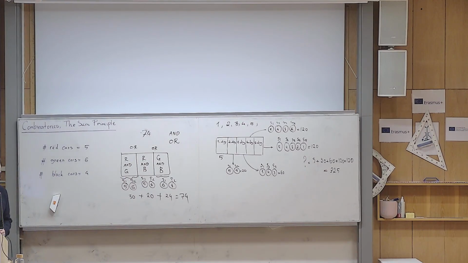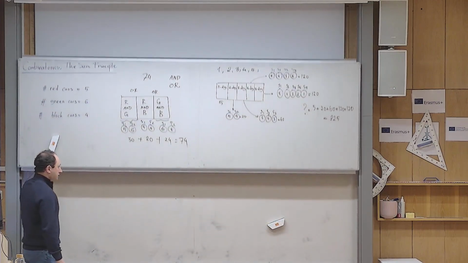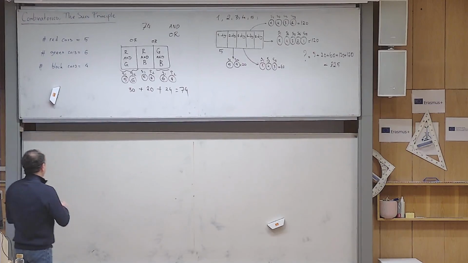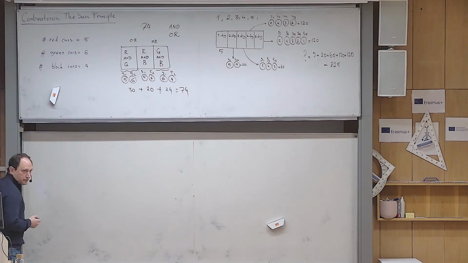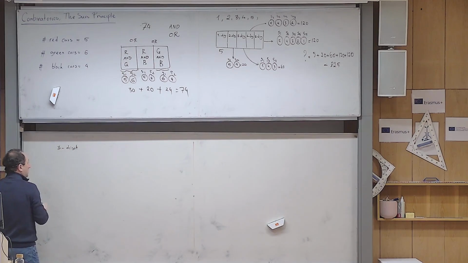Okay, so let me ask you another question. It doesn't hurt if I review things. Do you remember last time we were able to solve this problem? So this is the review of what we learned. We wanted to write a 3-digit number, and I want it to be odd, and I want it to have distinct digits.